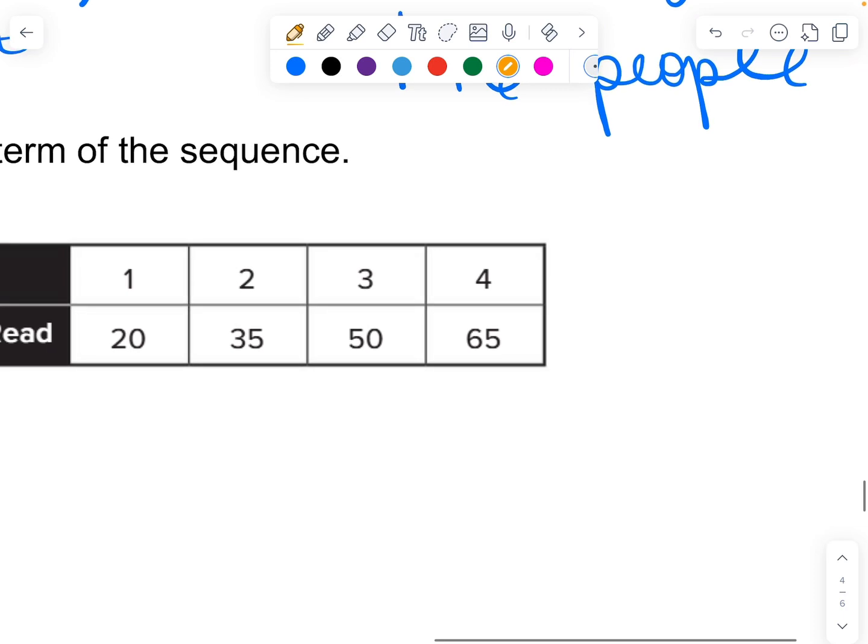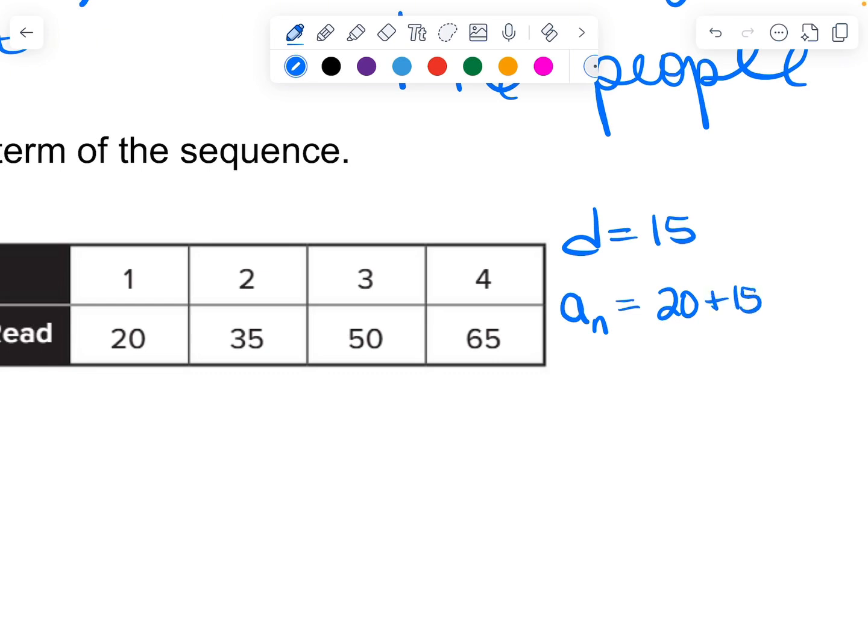Then this one. Okay, looks like we're going up by 15 each time. So that means my d value is 15. So a sub n equals, where did we start? We started at 20. We went up by 15, n minus 1. Now, you could also write it in the simplified form of 15n plus 5.